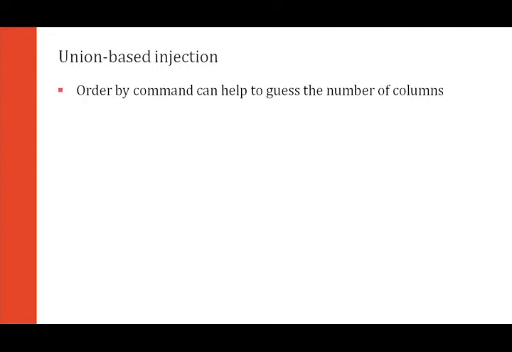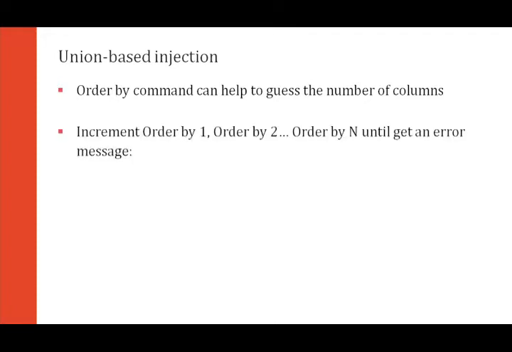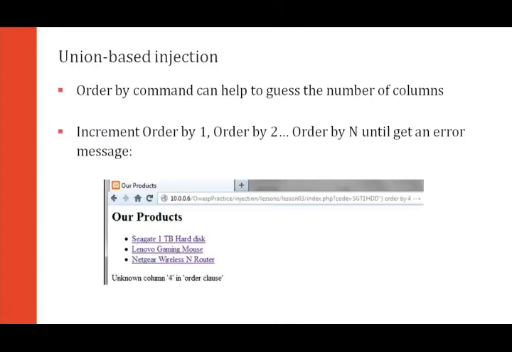By using order by, it's pretty easy to identify it. The way it works is that you start incrementing your SQL injection: order by 1, order by 2, order by 3, and eventually, as you can see here, you get an unknown column 4 in order clause.